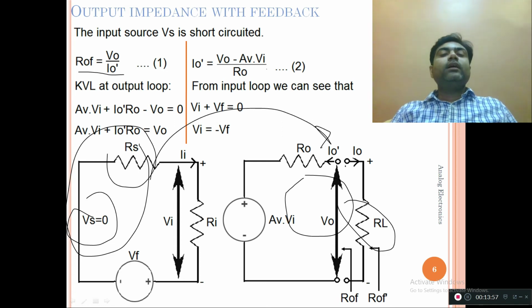So we want the source voltage or source current to be disconnected from the circuit, so that when we calculate the R0, it is the pure value of output impedance only. So here we are interested to calculate ROF.